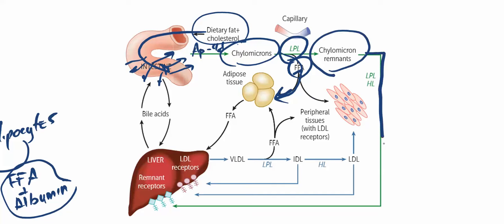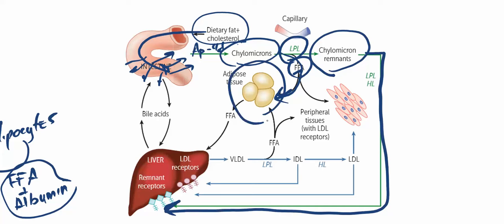And the chylomicron remnant heads back to the liver. The adipocyte can release its free fatty acid via the action of hormone-sensitive lipase. Free fatty acid is joined to albumin, right? Because it can't move in the circulation by itself, and it heads back to the liver.